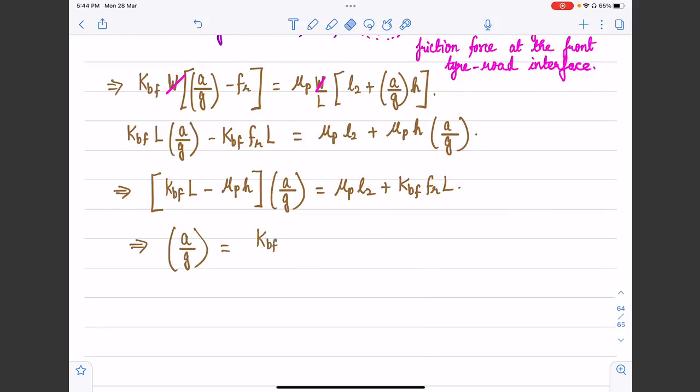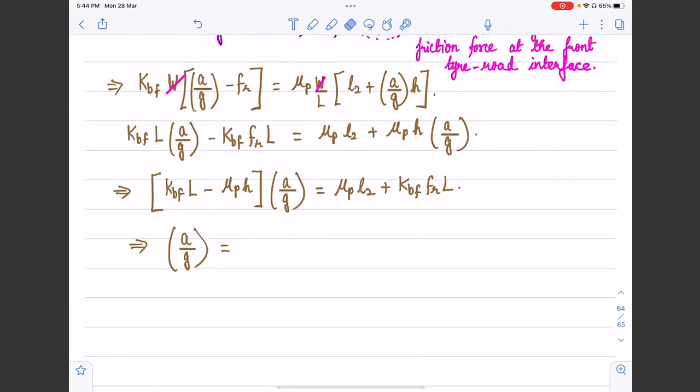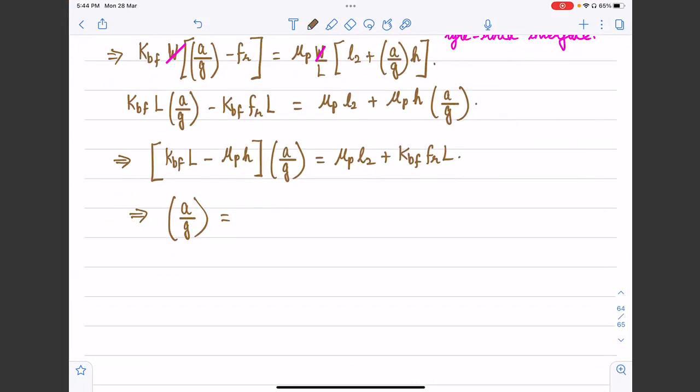Mu P L2 will be the dominating term, so let me write it that way: mu P L2 plus KBF FRL divided by KBFL minus mu PH.